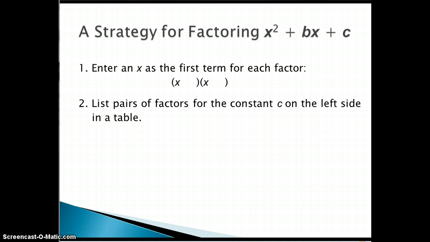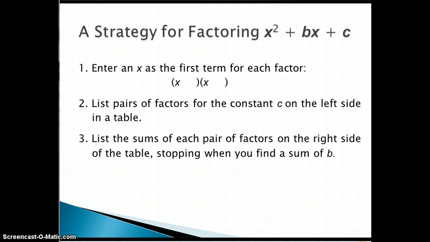We're going to organize this information in a table. We'll list the factors of the constant c on the left side of the table, and on the right side we find the sum of each of those pairs of factors. Remember that we're looking for two numbers that multiply to give us c, and add to give us the middle coefficient b.